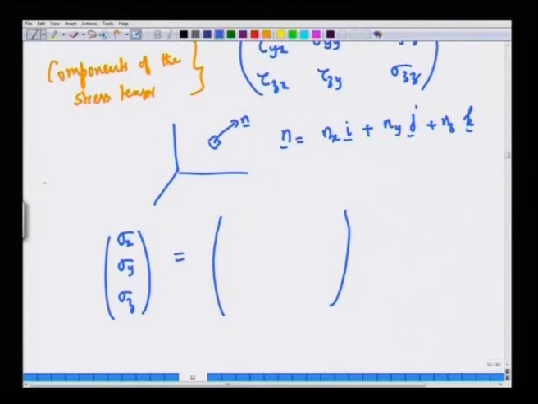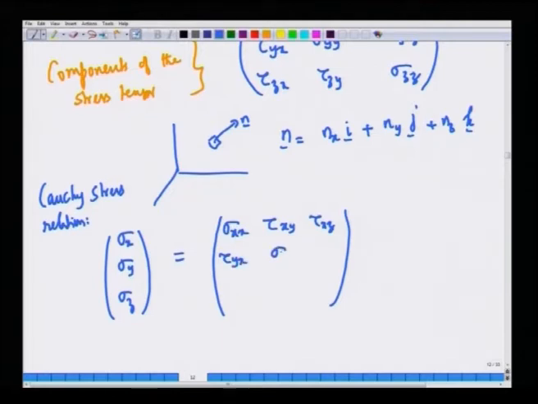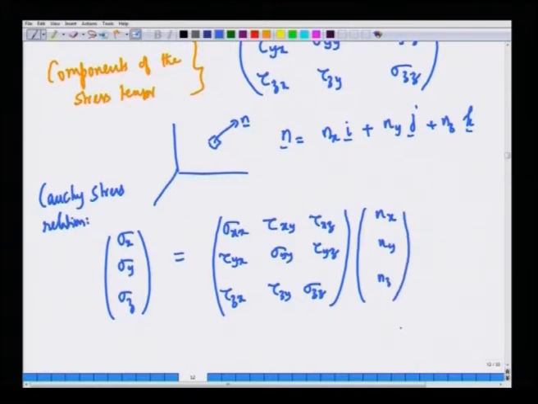This is called the Cauchy's stress relation, which we will not prove. It turns out that one can show that you can relate the stress on an arbitrary plane with an arbitrary orientation at a given point to the components of the stress tensor, which tell you about the forces that act on well defined coordinate directions, through a simple matrix multiplication.